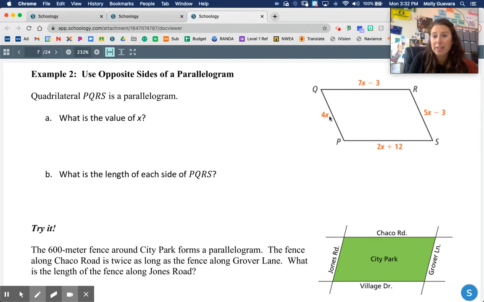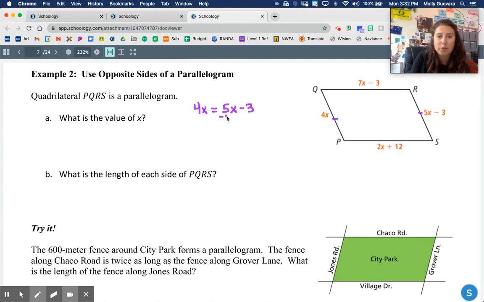So I can either take QP and set it equal to RS, or I can take QR and set it equal to PS. It doesn't matter which way you do it. I'm going to do the two shorter ones. So I'm going to take side QP and set it equal to side RS, because opposite sides are equal.